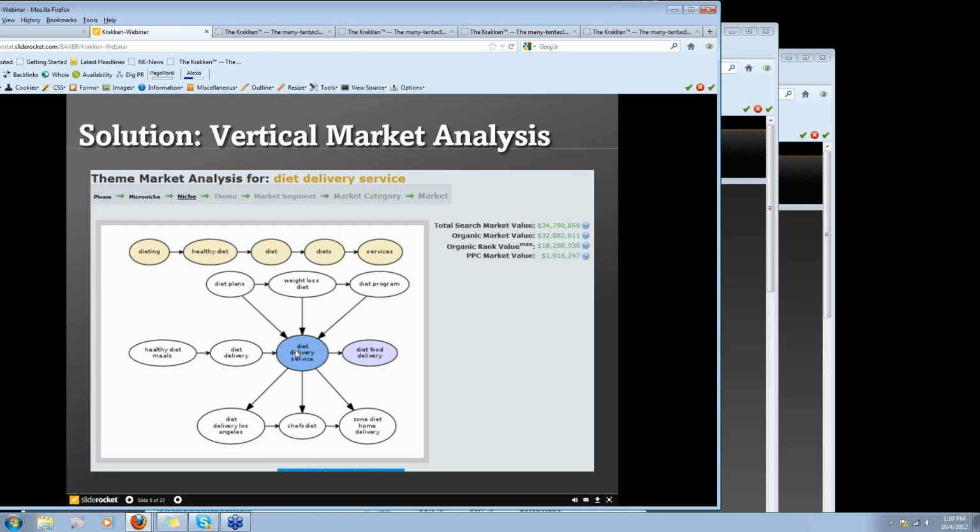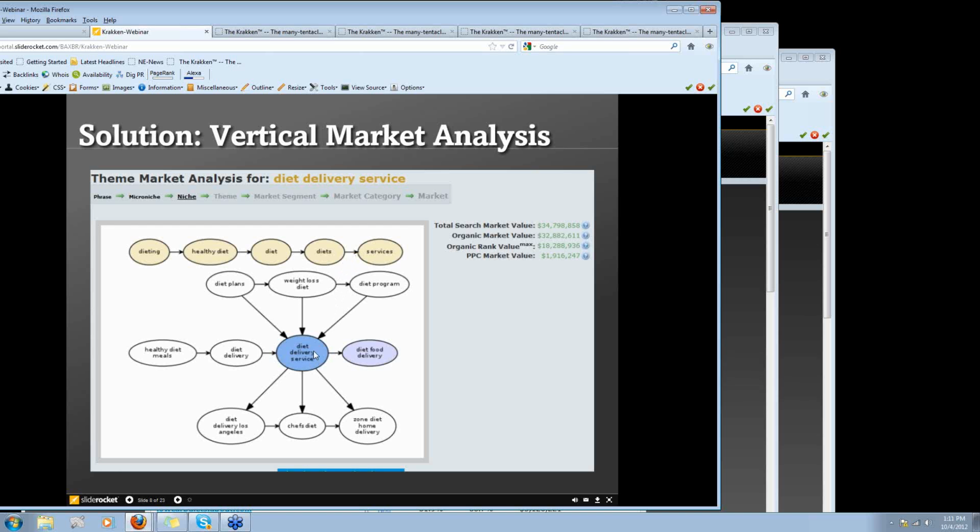So in other words, if this is at a niche level, these things are going to be at a theme level, and these keywords are going to be above a theme level, someplace between a market segment and a market level. And that idea is so that you can see the hierarchy of your keyword within this vertical market.